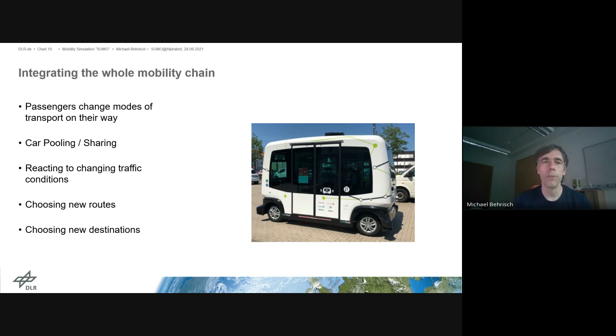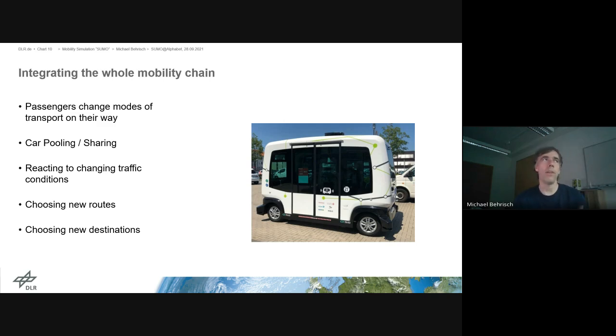So the users usually want to have a snap-on solution where they can just say, okay, here in this area I have some carpooling service, and you can just use it. So I just put some persons in.